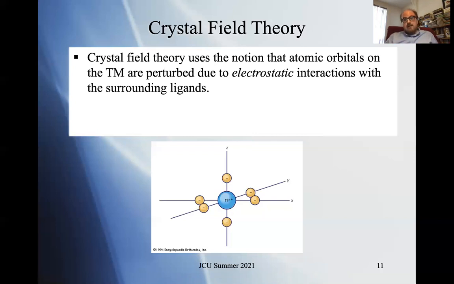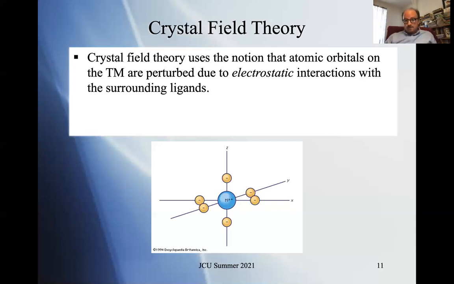Now, importantly, we have to define a geometry because this derivation is going to depend on the shape of the complex, right? That's another layer that we have to be cognizant of. So in this picture, it is a coordination number 6.